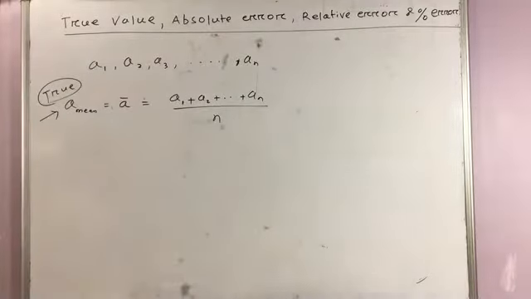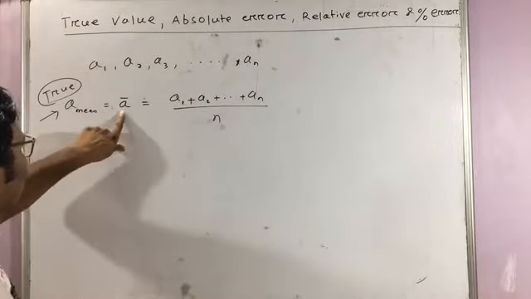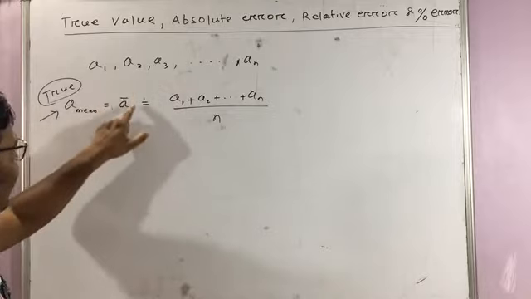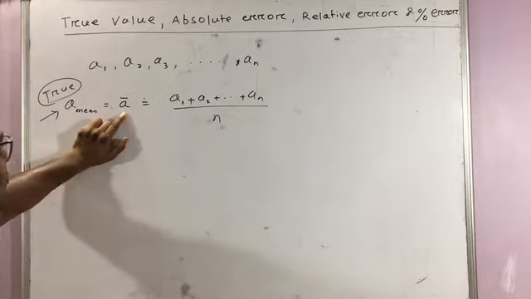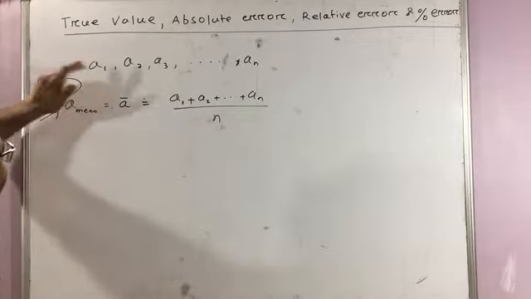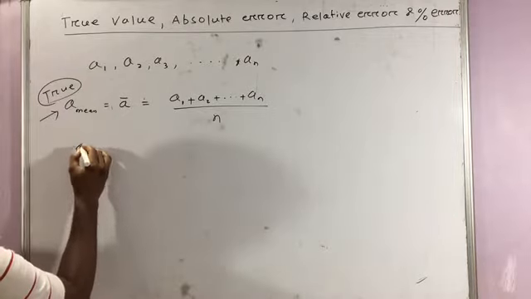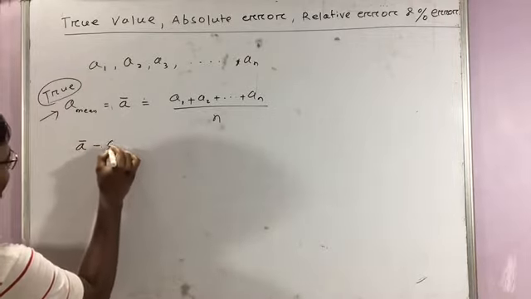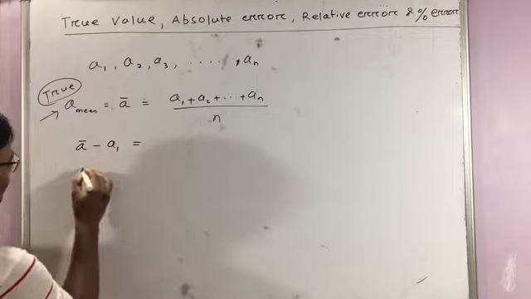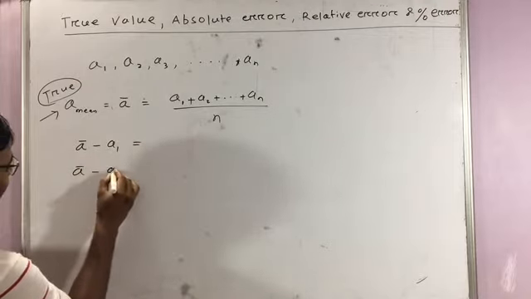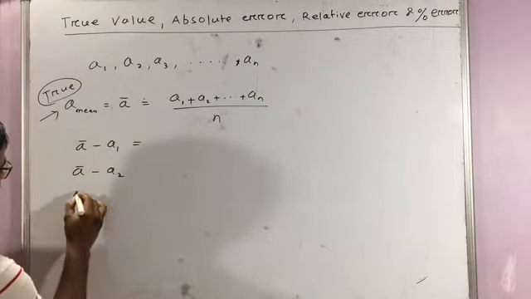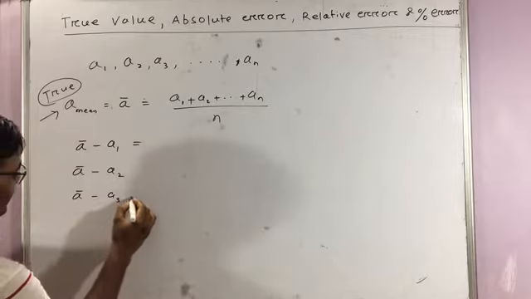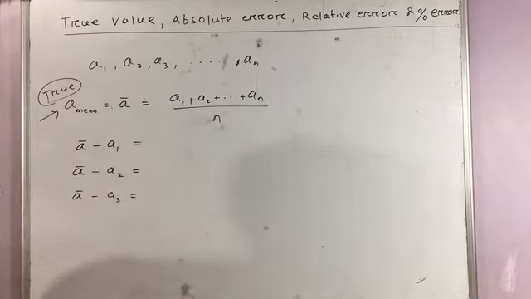Now comes the error part. If we assume that this value is your true value, then for each and every value you can find this difference: A bar minus A1, A bar minus A2, A bar minus A3 and so on. Got it?